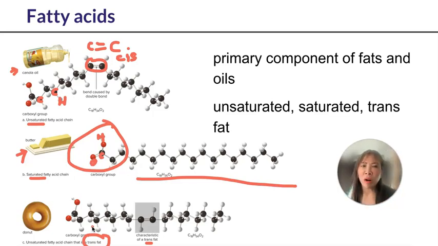So if you're trying to avoid trans fat, look at your food label. When you're looking at the back of your food label, if you see partially hydrogenated vegetable oil or something along that line, try to avoid it, or at least try to minimize it in your food consumption.